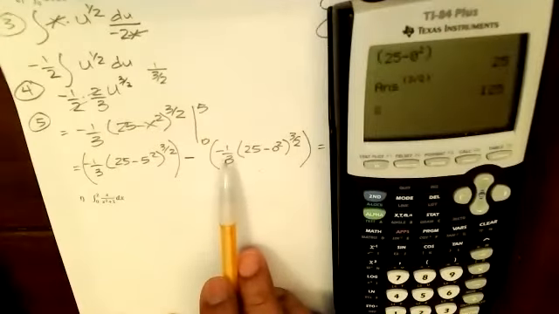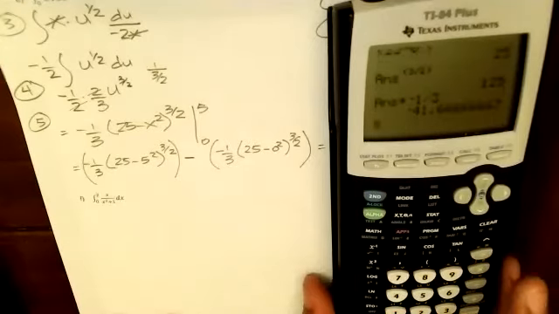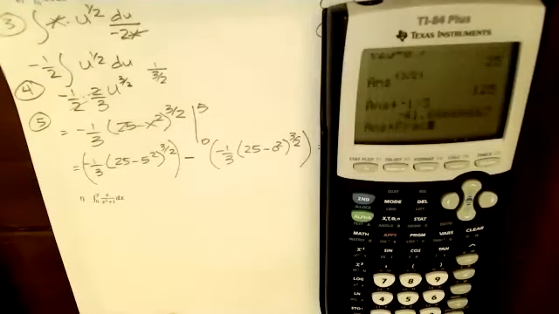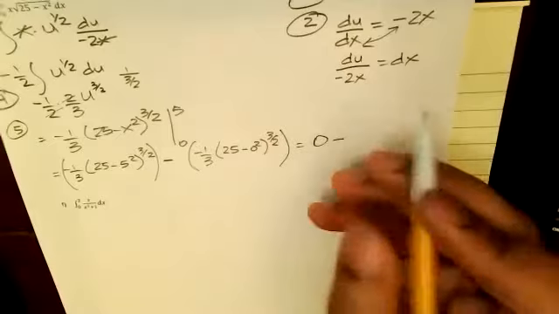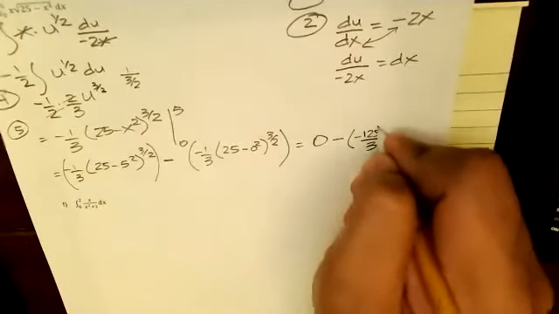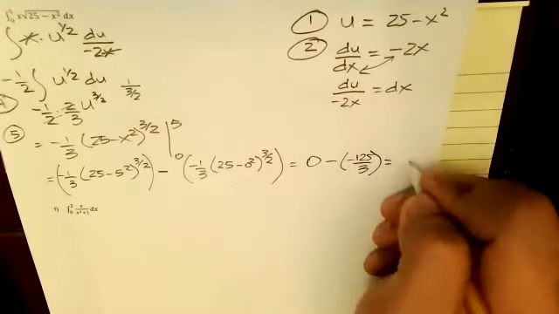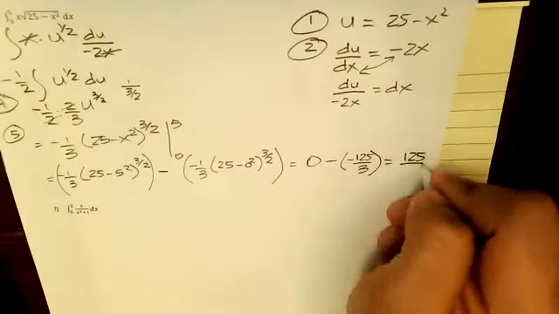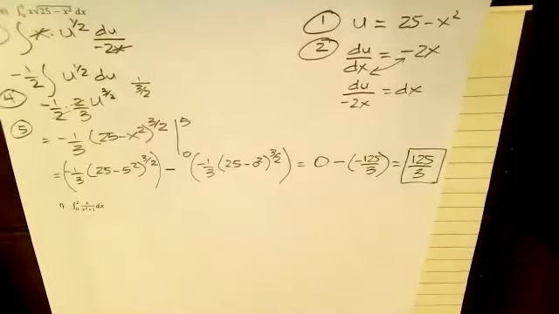And then I'm going to multiply by negative 1/3. In fraction form, that's negative 125 over 3. So I have 0 minus negative 125 over 3, which would just turn into 0 plus 125 over 3, which will give me 125 over 3 as my answer.